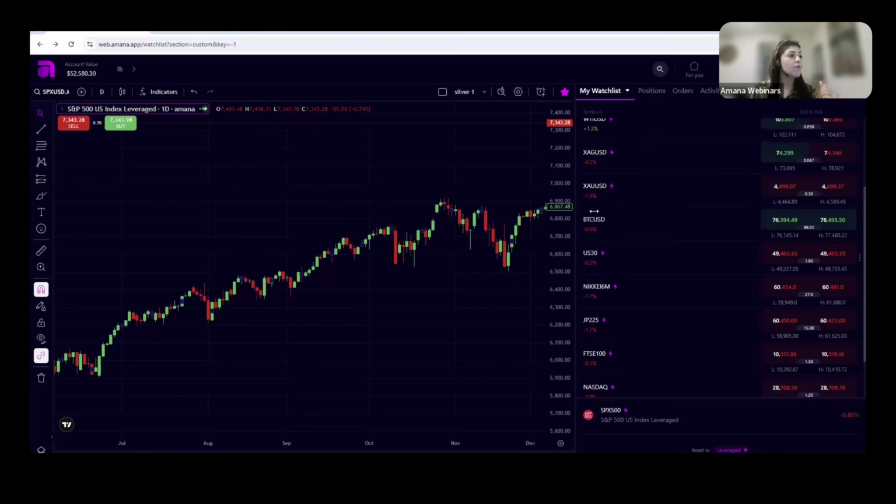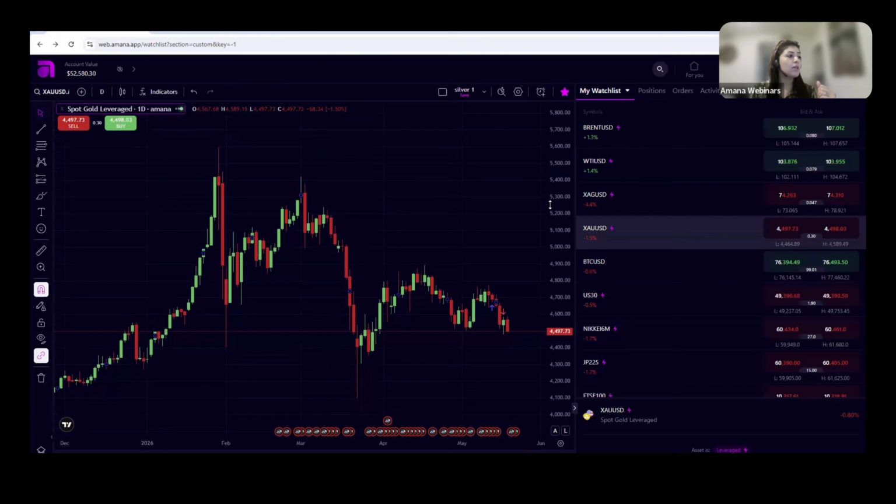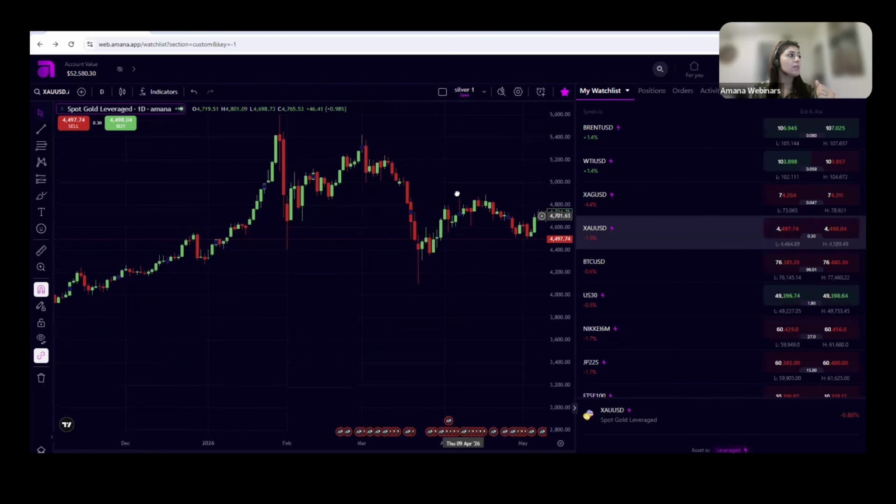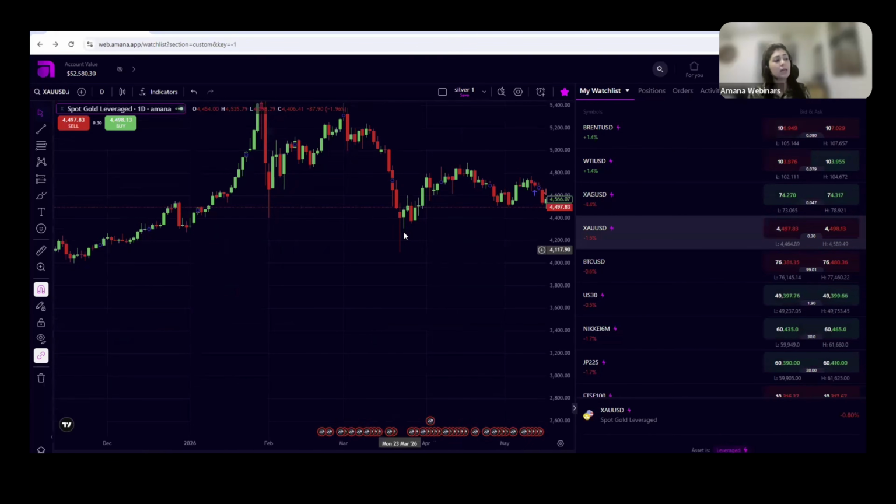Or there's another formation in gold, so this is the gold daily. This protrusion is very prominent. Why? Because on the left side here, there is no surrounding price action, which leaves the tail alone. Obviously, at this point in time, we would not have these candles, but we have this part of the chart, right?